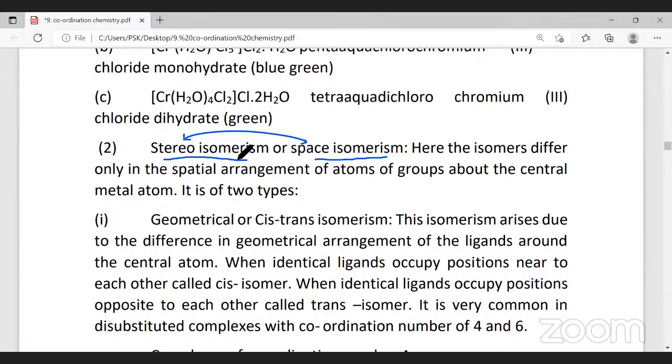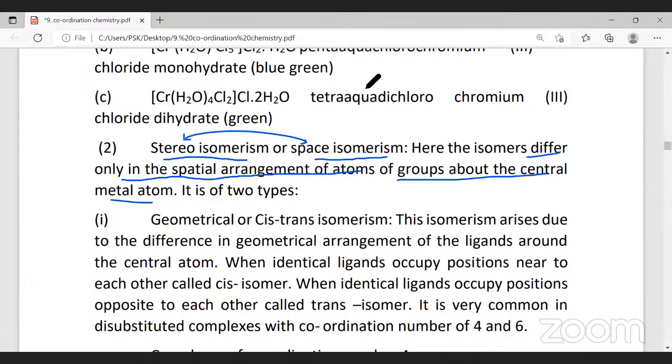So what is stereoisomerism? Coordination compounds having same molecular formula, same structural formula, but they differ only in the spatial arrangement of atoms or group of atoms about the central metal atom. Those are called stereoisomerism, or they are called space isomerism. What do you mean by stereoisomerism?